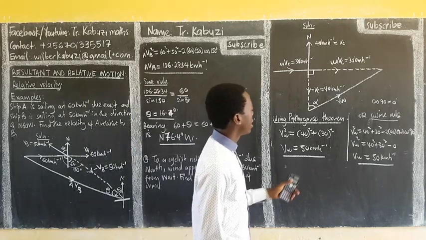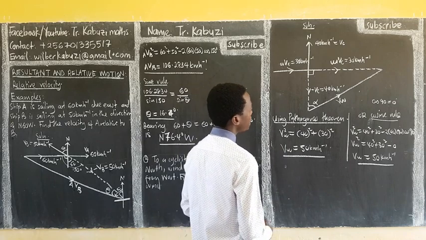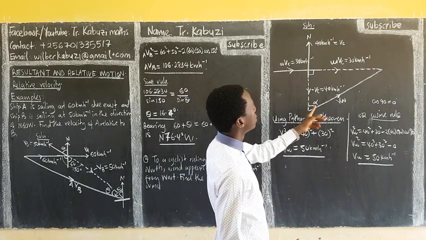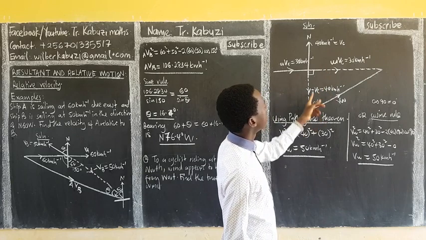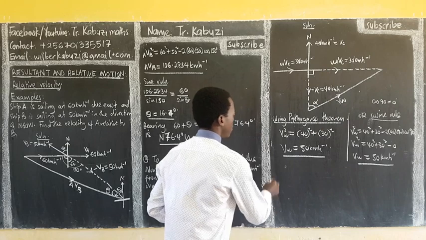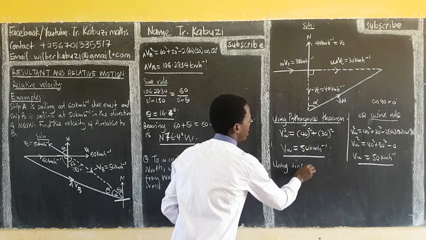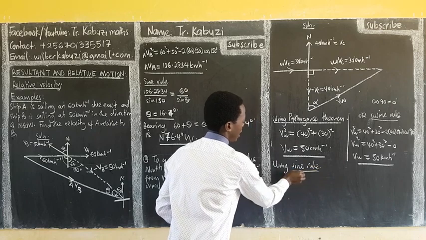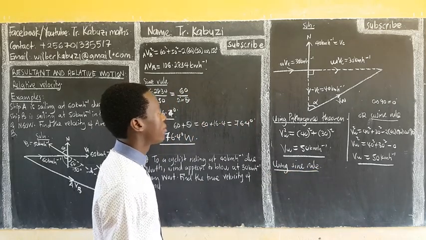Okay, we now want the direction. We have the rest, but now we need the direction. How do you get the direction? I have this, I need this, I have also that. So using the sine rule, whenever we are getting angles in a parallelogram of vectors or triangle of vectors, we use the sine rule.